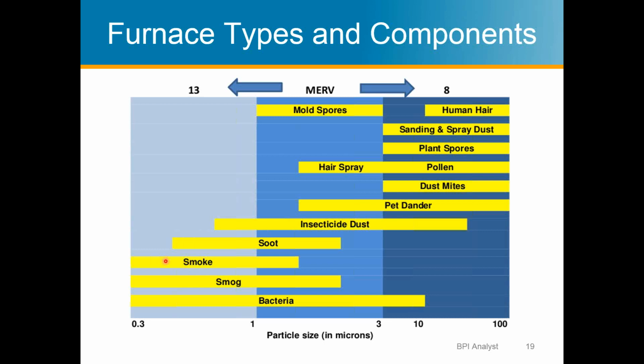The problem, as we spoke before, is more of an issue with air conditioning than it is with furnaces, but the higher the MERV, the more it restricts airflow. The more you restrict airflow, the harder your fan is working, so the more energy you're going to use moving air in your house. It's just something you need to be aware of.